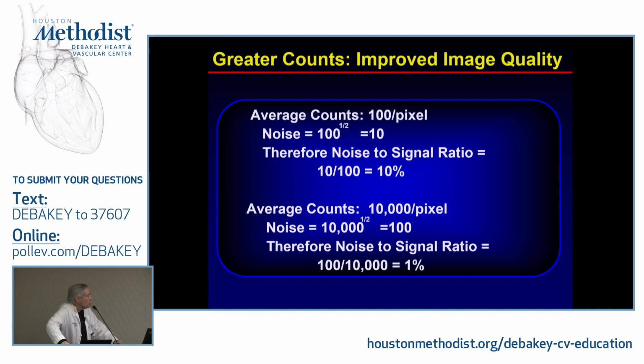Okay? But if you have 10,000 counts per pixel, now the square root of that, you're going to have only 1% noise, okay?